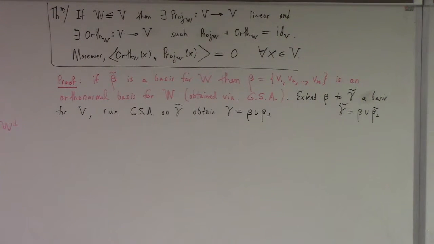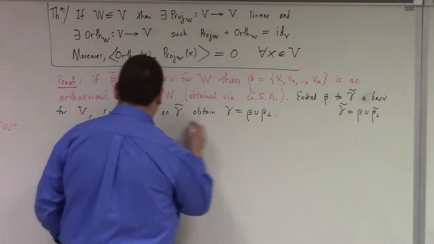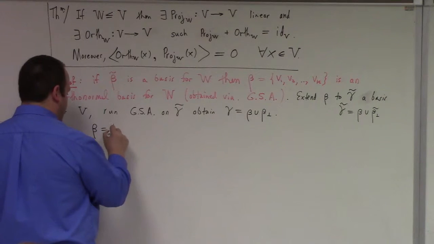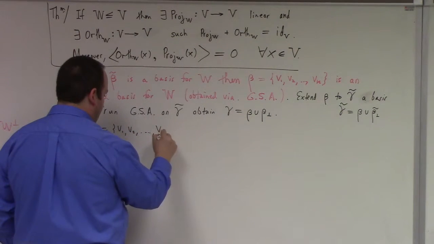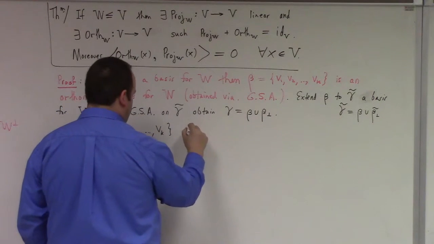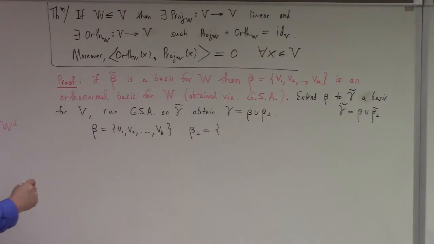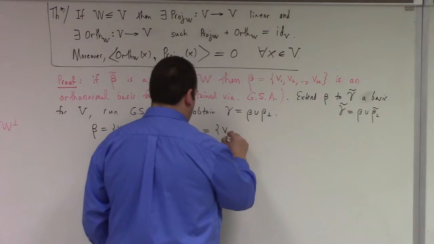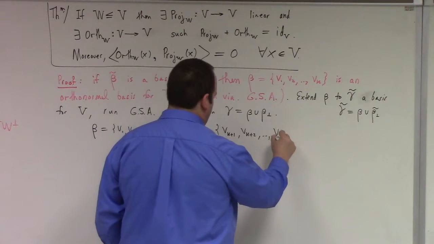All right? Now I just need to enumerate some things. So notation. We had beta equals v1, v2, dot dot dot, vk. And for my convenience, I'll say beta perp is equal to, what, v(k+1), v(k+2), v(k+what)?